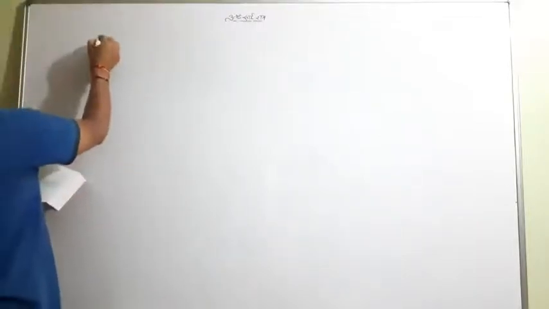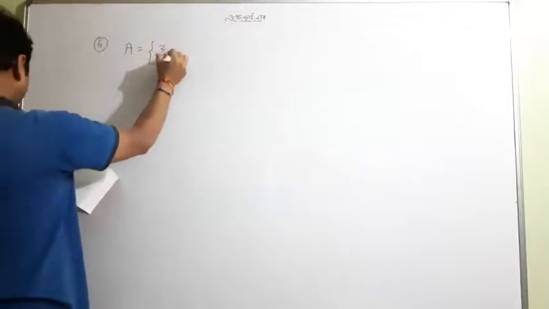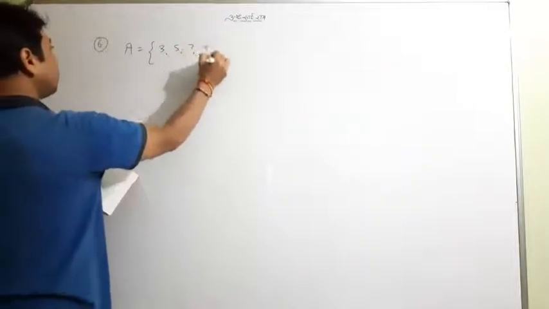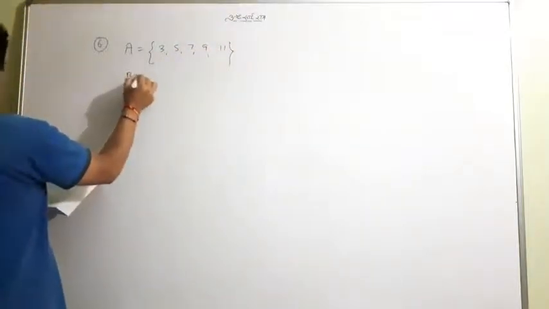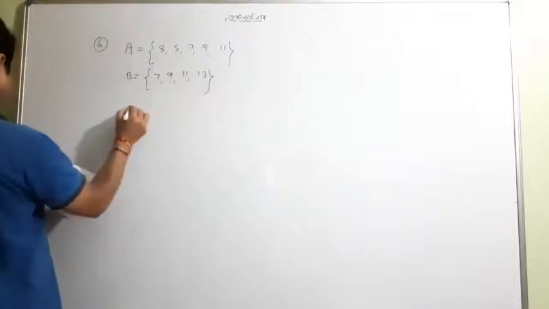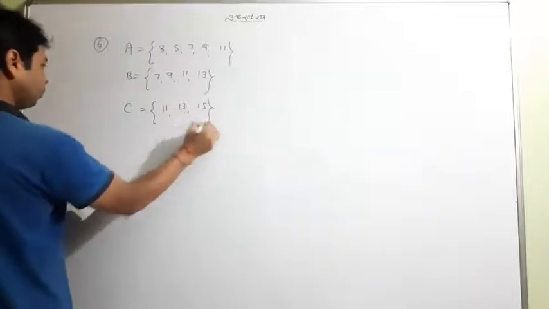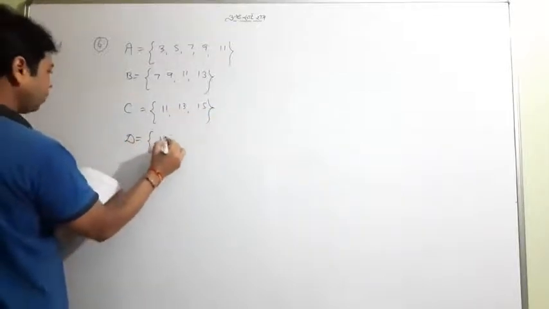The question I want to discuss with you is number 6. A is equal to 3, 5, 7, 9 and 11. B is equal to 7, 9, 11 and 13. C is equal to 11, 13 and 15. And D is equal to 15 and 17.